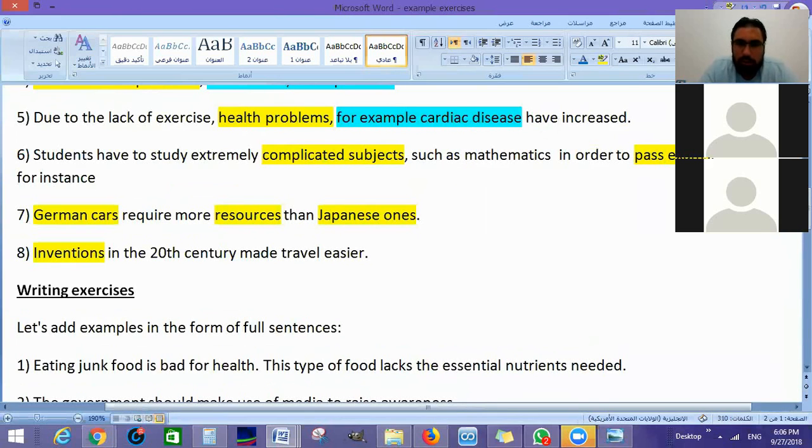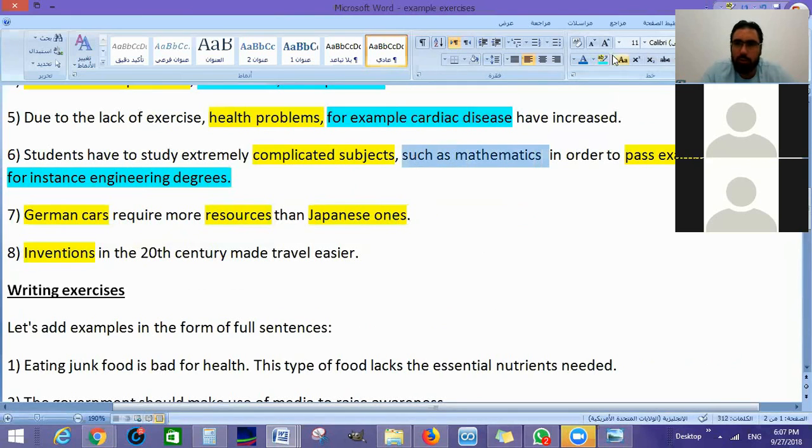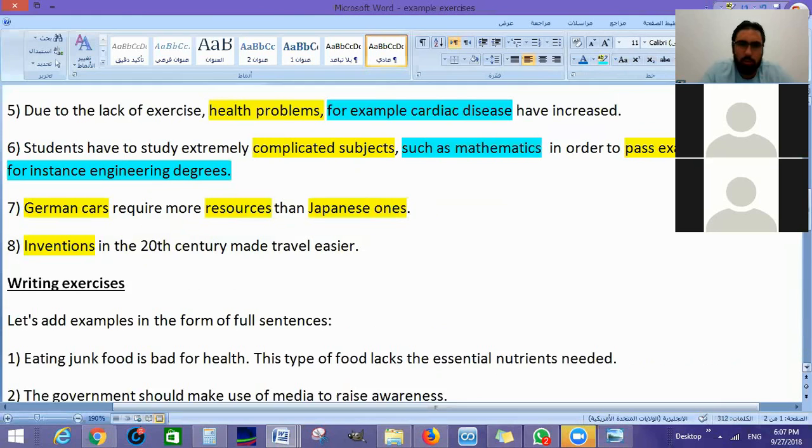For instance, passing engineering degrees. Okay. So let's highlight these examples here. So we have these ones here. Okay.